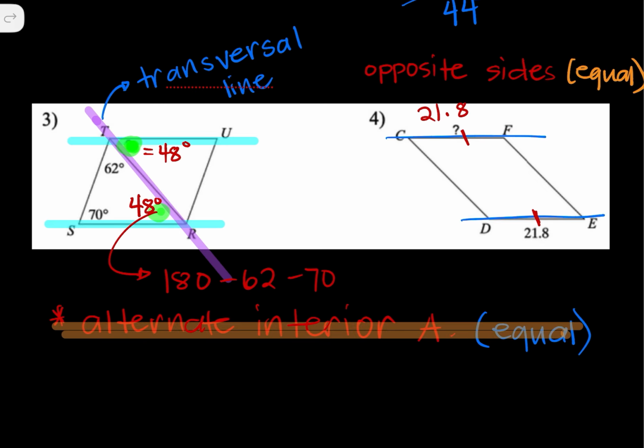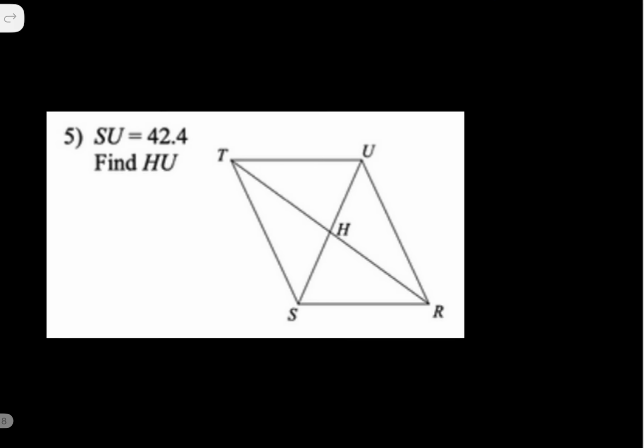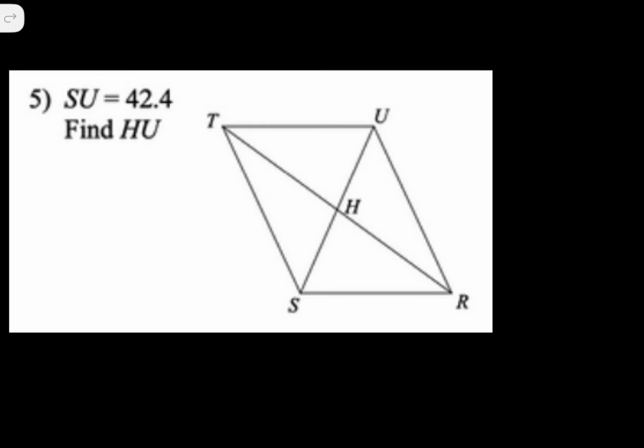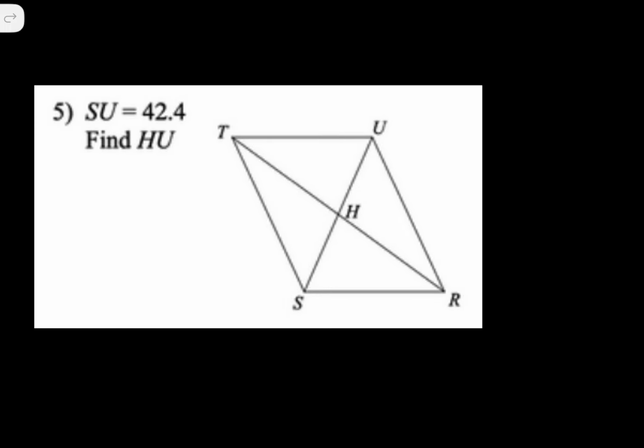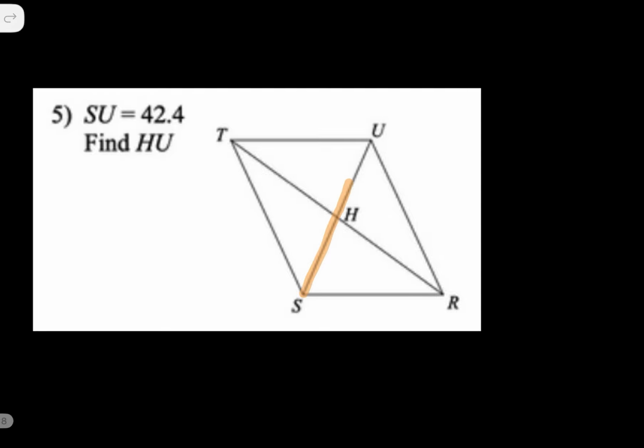Let's try another problem. Number 5. Okay, so we're given SU. So SU in the problem is a whole diagonal. This is SU. We are asked to find HU, and HU is half of a diagonal. So if you're thinking of dividing SU by 2, you are right.